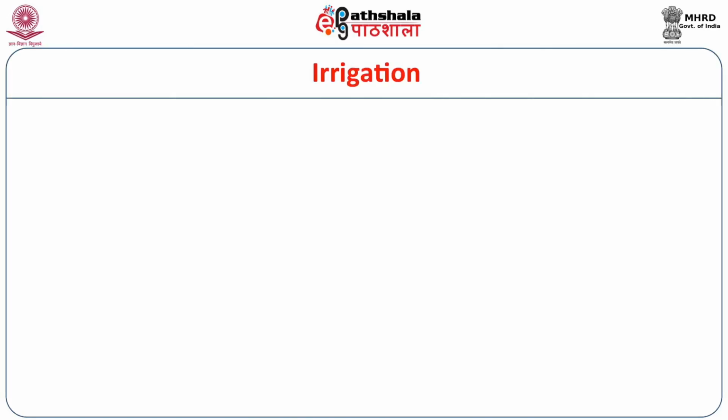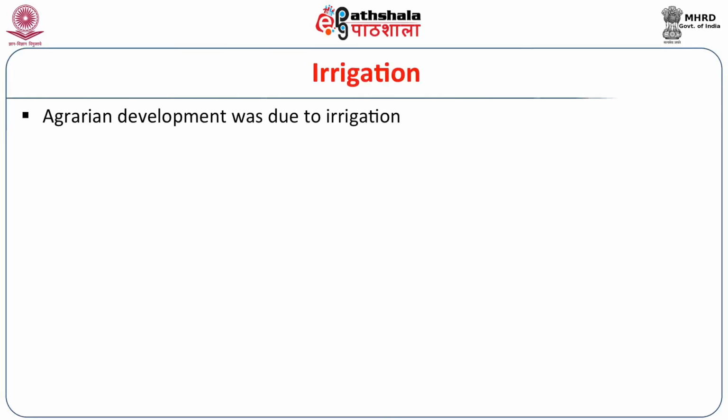These are the things that the Sitadhyaksha was to perform in order to ensure agricultural development. Next, we find particularly irrigation, because, as I have told you, without irrigation it is not possible to carry out agriculture. So, agricultural development was due to irrigation.